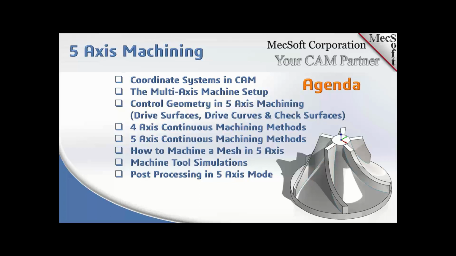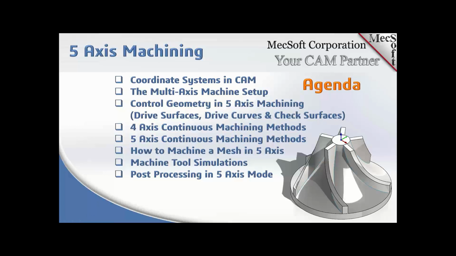Next, we're going to be talking about the different types of control geometry that you will come into in 5-axis machining. Drive surfaces, drive curves, check surfaces, all of the geometry types we'll be covering today.